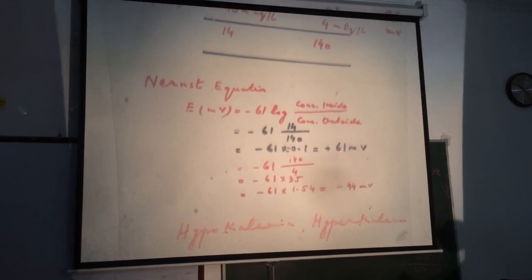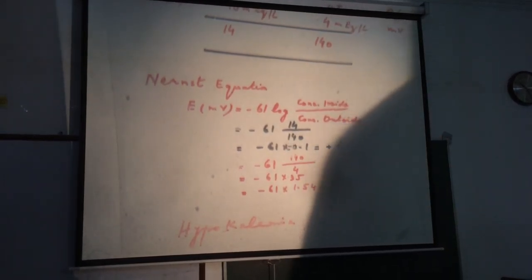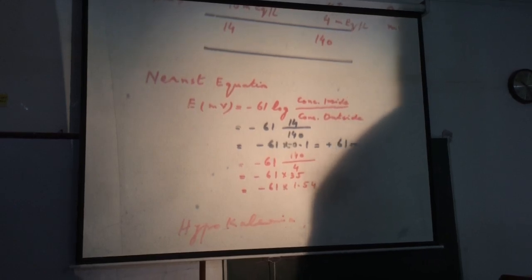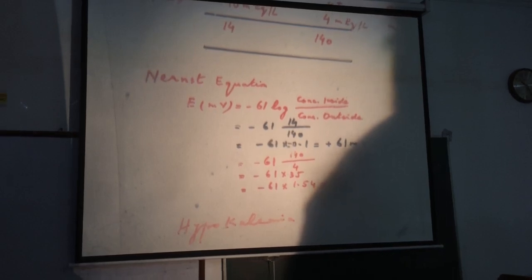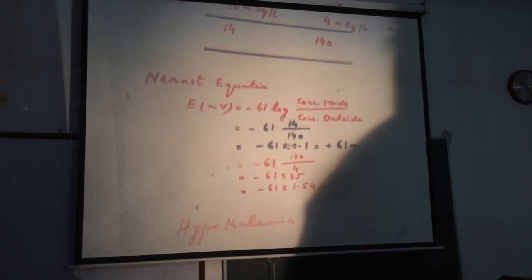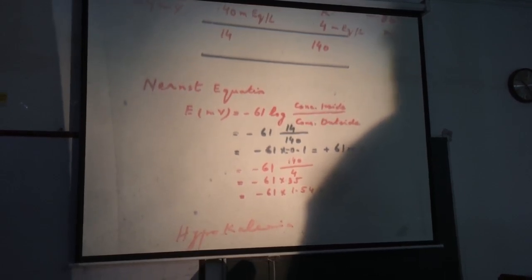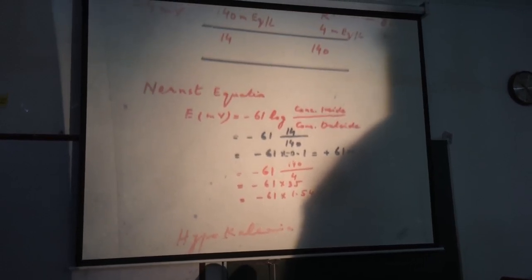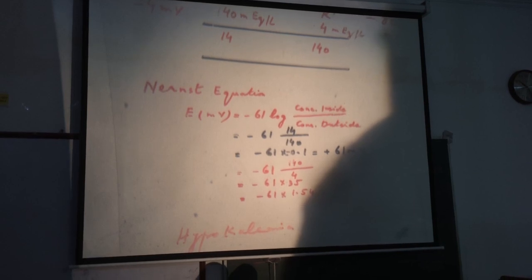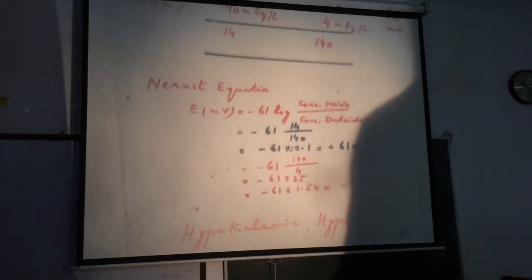So minus 61 multiplied by minus 1 comes to plus 61 millivolt. Keep in mind, 14 over 140 is 0.1, and the log of 0.1 is minus 1.